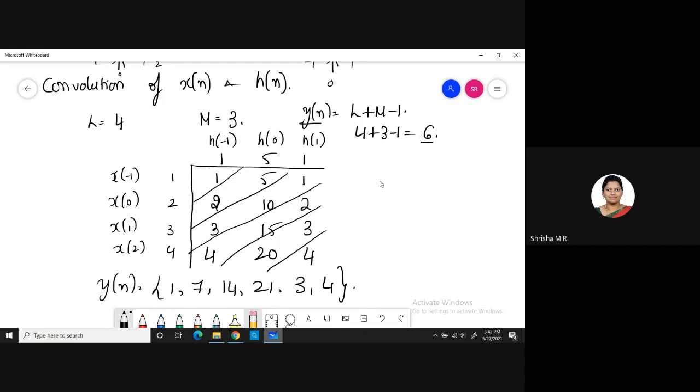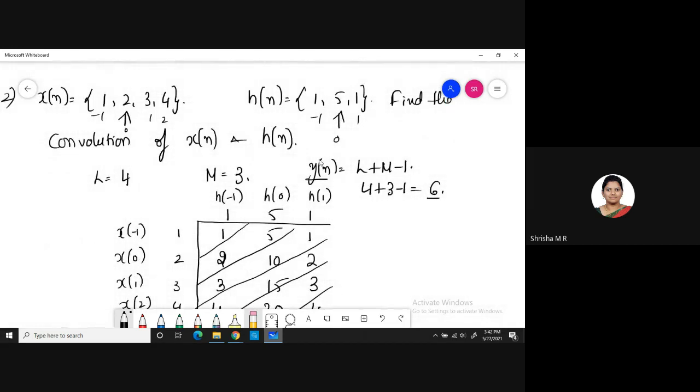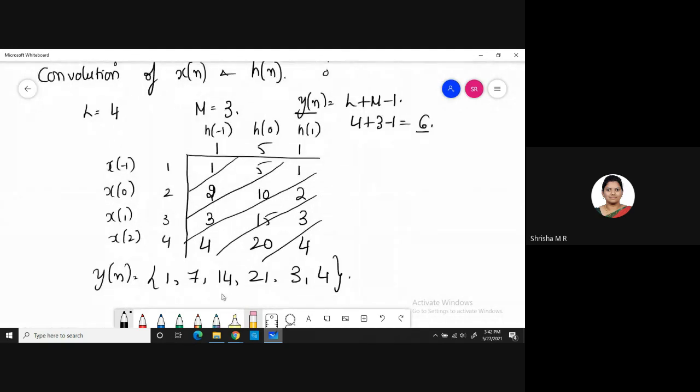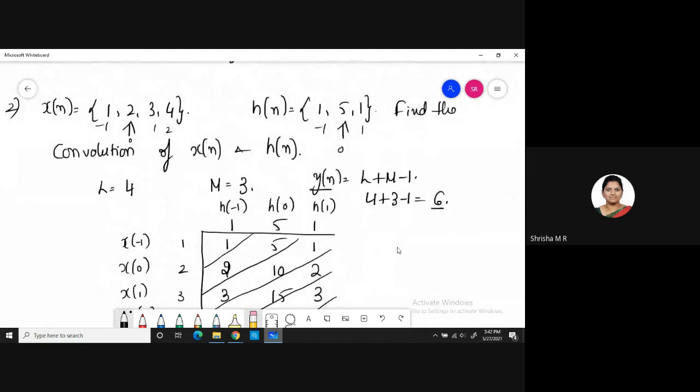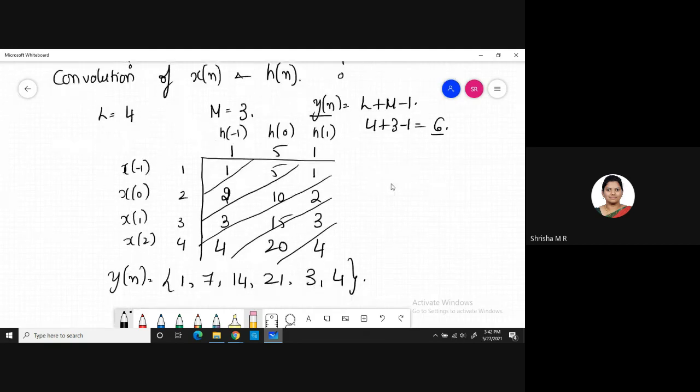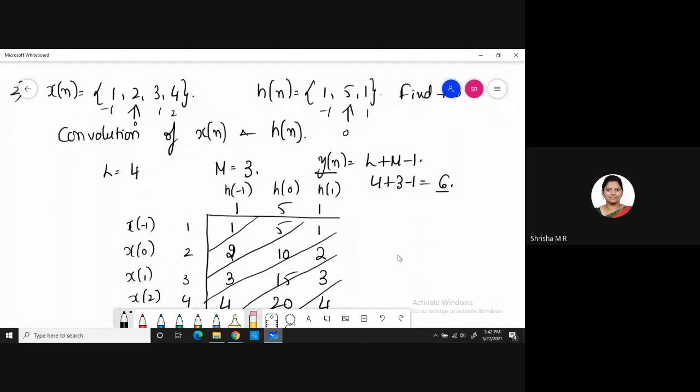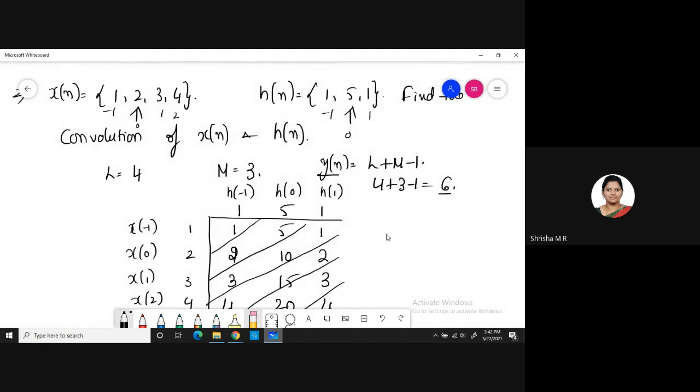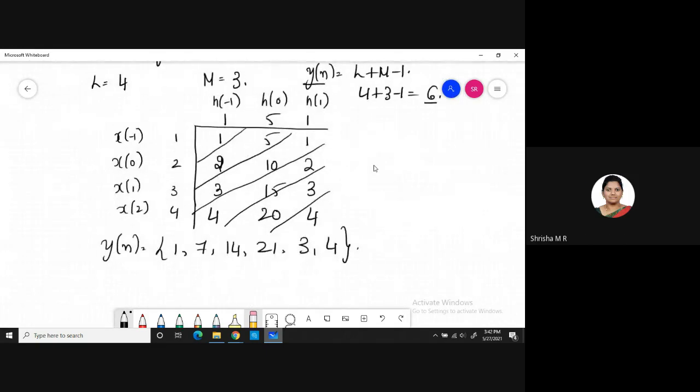And where is our origin? Where is the origin for this y of n? The origin is at 14.